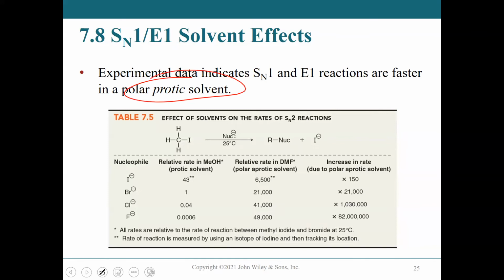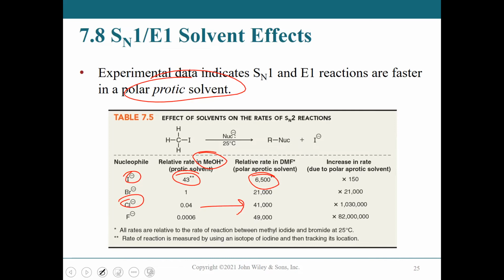I will tell you in a second what a protic solvent is. They improve the reactivity. For example, if the nucleophile is iodide in methanol, which is a protic solvent, the reaction occurs at a speed of 43, whereas in DMF, which is a polar aprotic solvent, it is way faster. What about chlorides? Also, if you go from protic to aprotic, it goes faster.